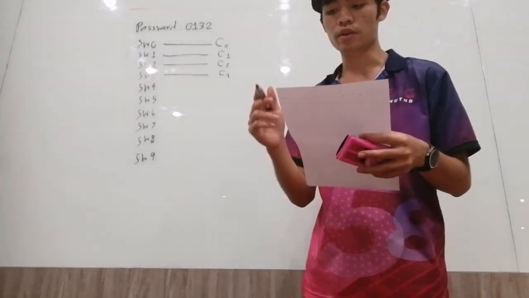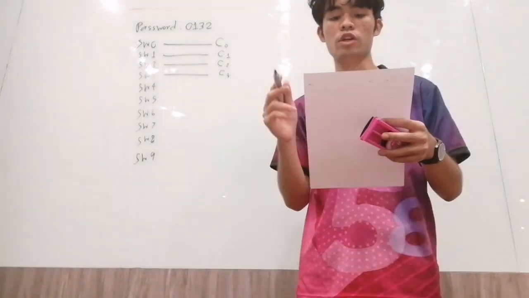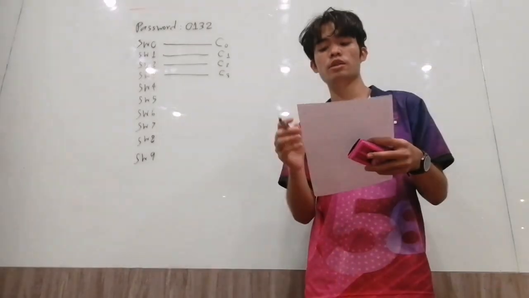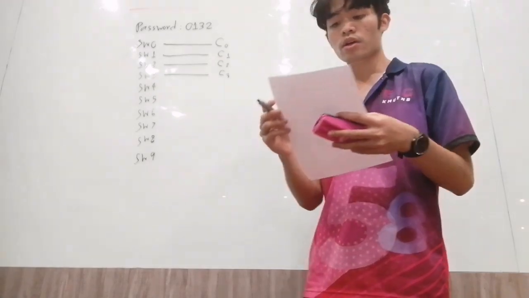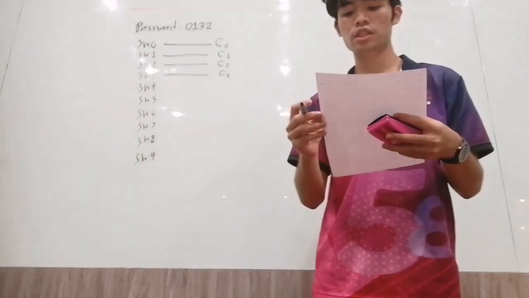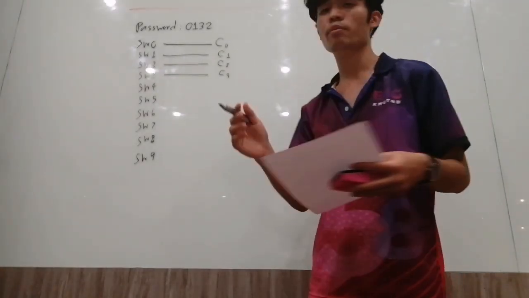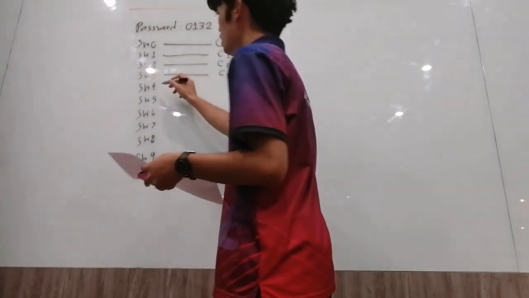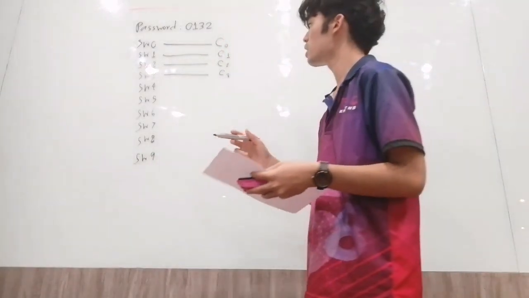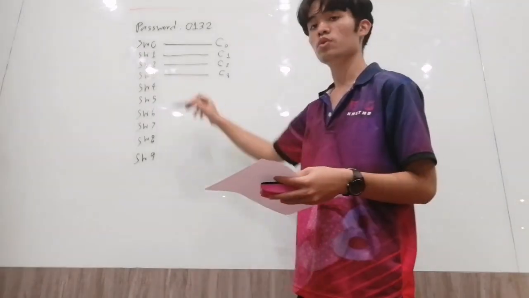I have a wrong number detector to decrease the inputs and make the circuit easier. I connect the switches that are not in my password with an OR gate, from switch 4 to switch 9.